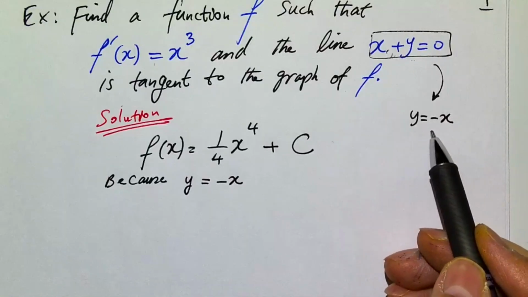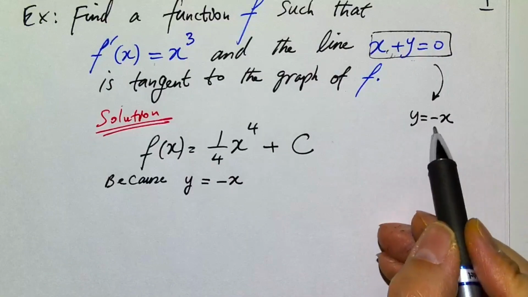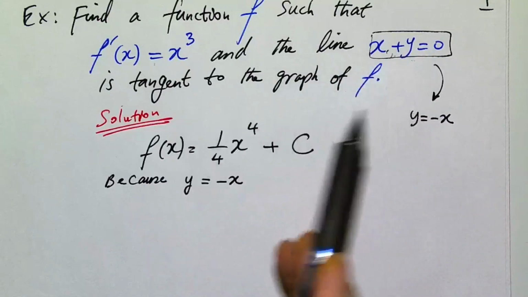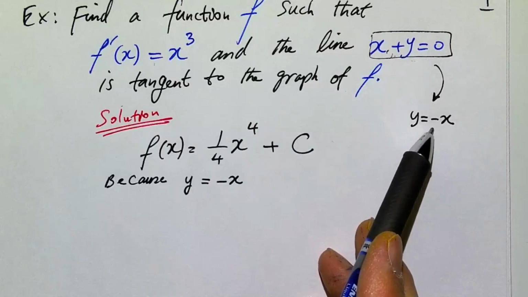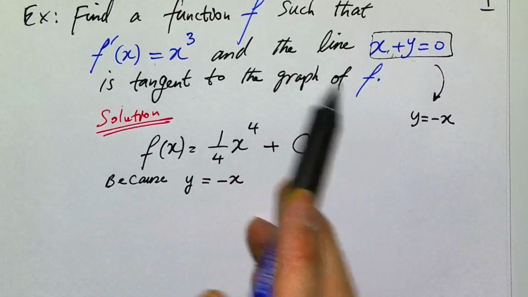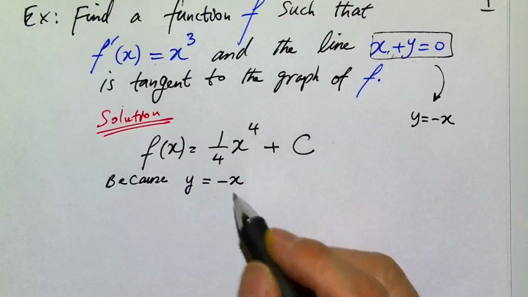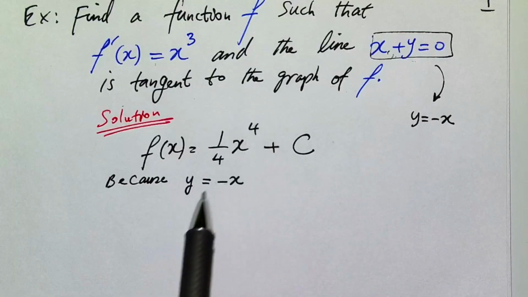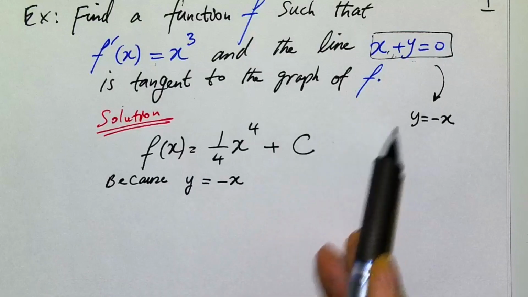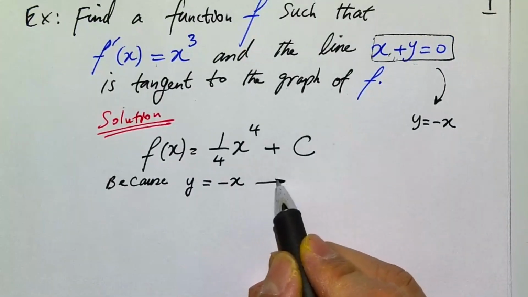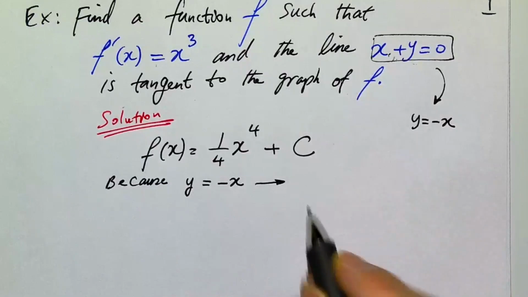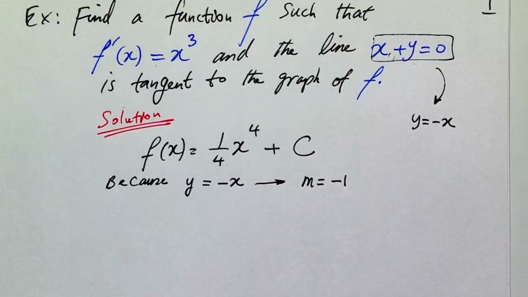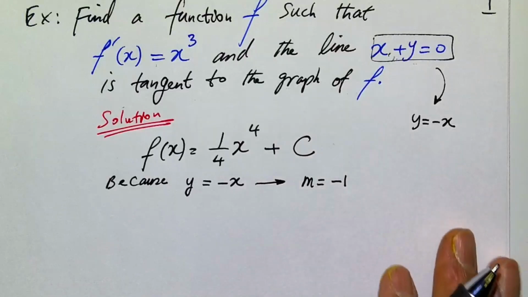That's this linear function with slope -1, right? And they're telling us that this line with that slope is tangent to the graph of f. Okay, that's significant, good piece of information, because from this information, we know that the slope of this line is -1. So let's call it m is -1, right?